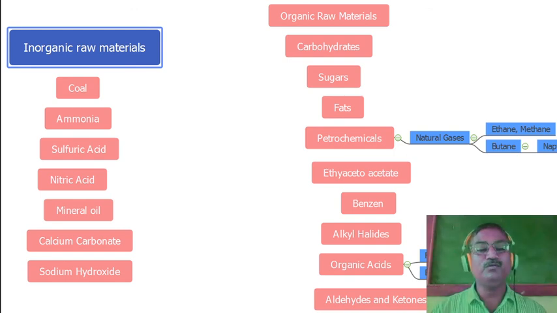So those types of raw materials which we are going to utilize are used for the purpose of manufacturing different types of chemical industry products as well as byproducts. So this is the first basic requirement of chemical industry, that is organic and inorganic raw materials. Okay, thank you.